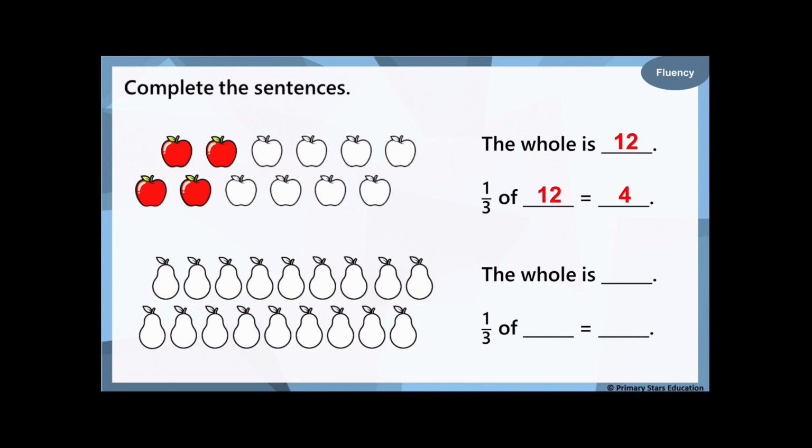And finally, the pairs. How many pairs are there? There are 18 pairs. The whole is 18. 1/3 of 18 is 6. 1/3 of 18 is 6 pairs.